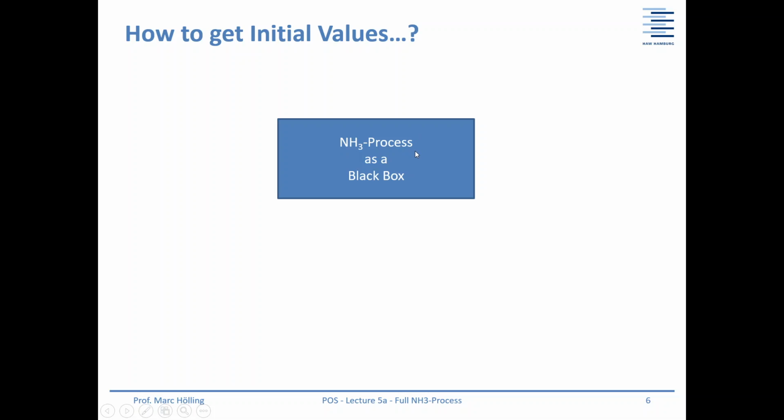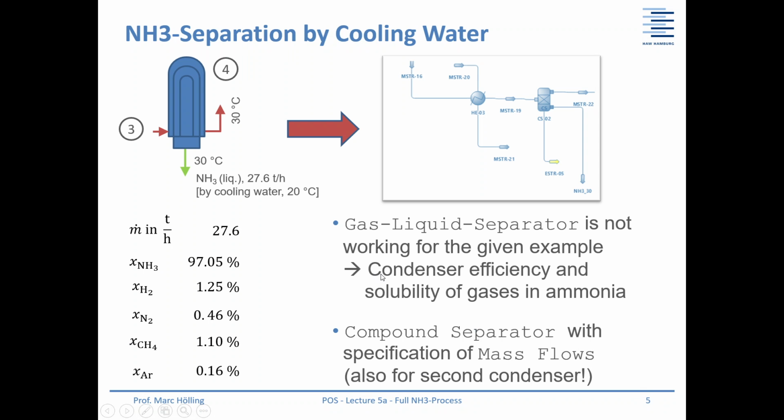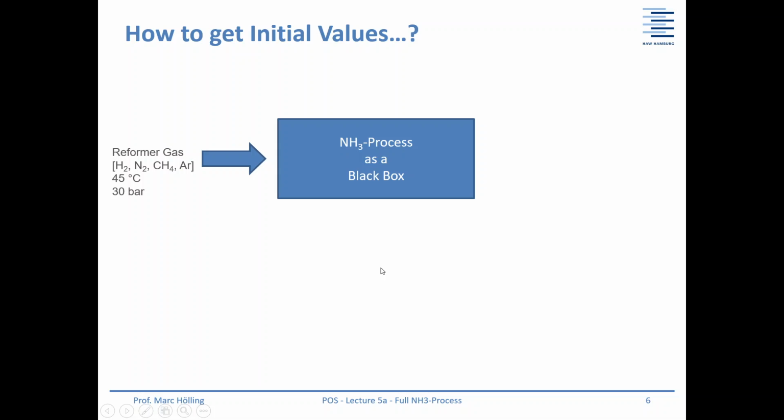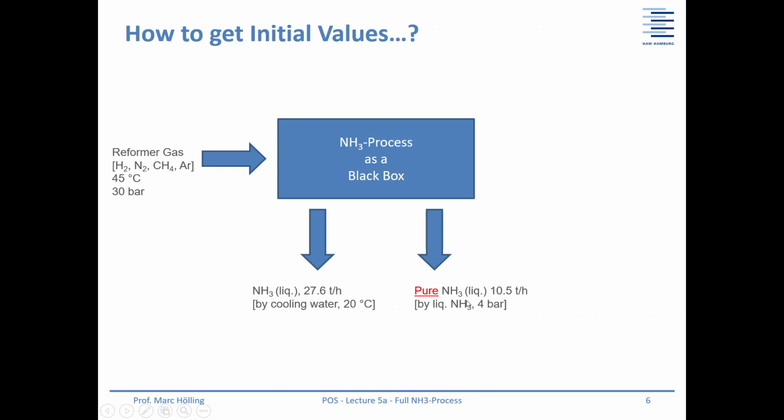If we want to do this, then we can say, okay, what do we know about the process? We know that we have the reformer gas, we know the composition, it's given in the table, we know the inlet temperature, we know the inlet pressure. And what else do we know? We know that by this cooling water we remove 27.6 tons per hour, and in the second stage we remove pure ammonia.